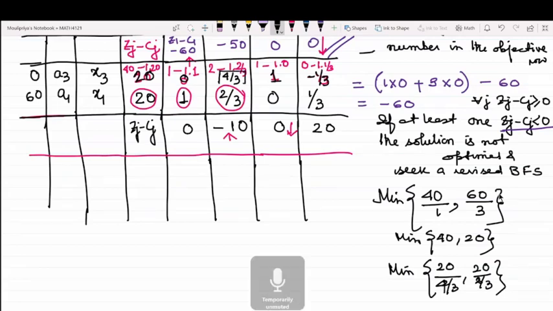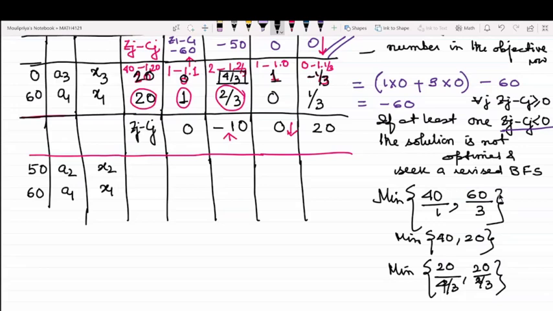We have x2, x1, we have a2, a1, and we have 50, 60.